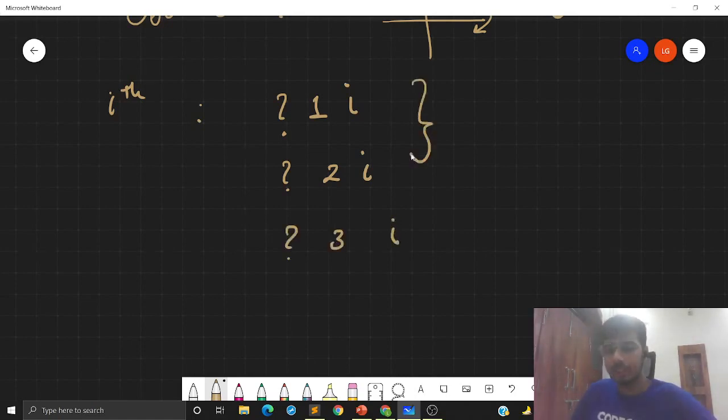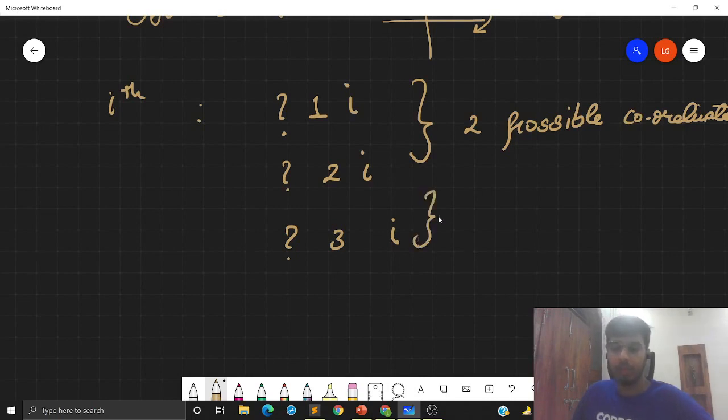Using these distances, I can find the two possible coordinates. And with this query, I can find the exact coordinate.